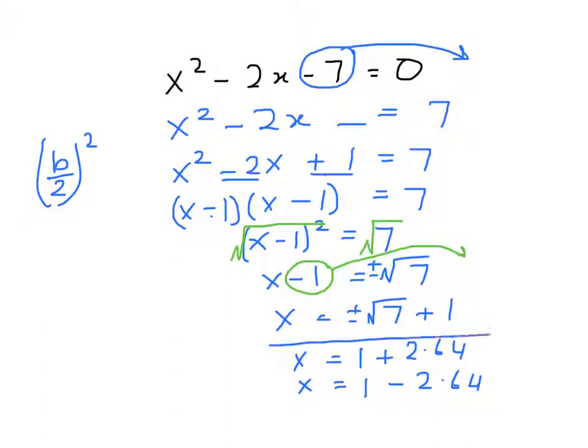If I looked up the square root of 7 as 2.64, it can be adding or subtracting. Okay, the more you do, the more you'll be able to remember how to do this.